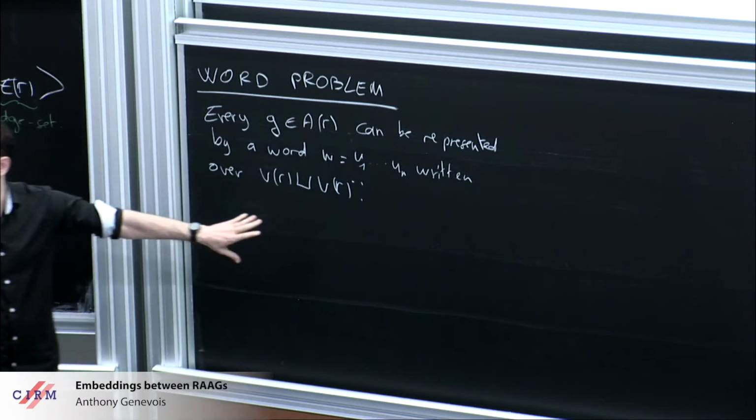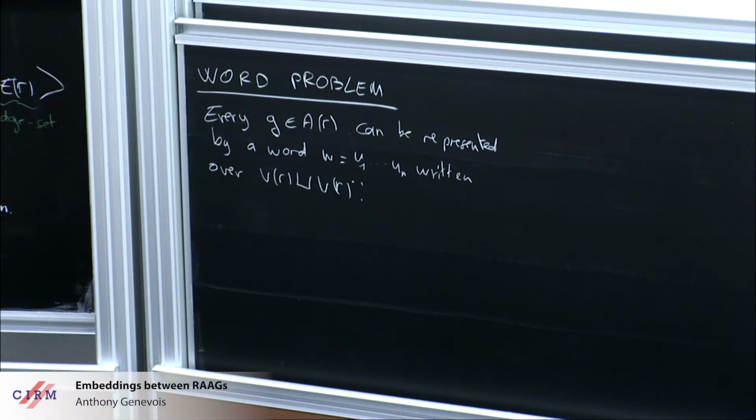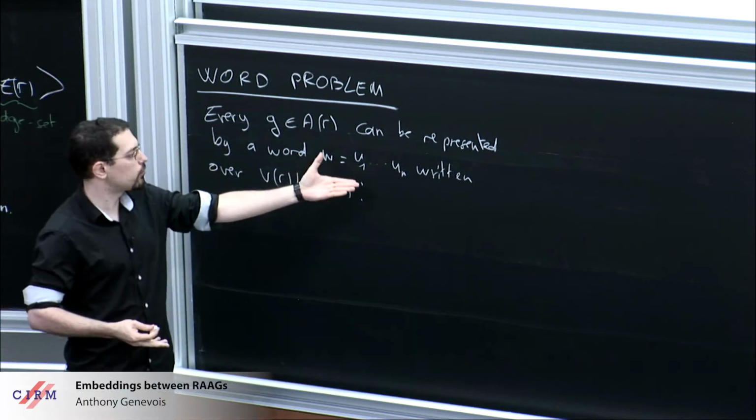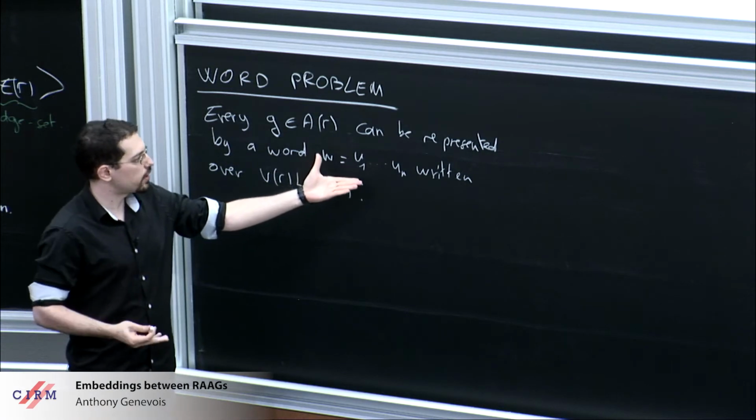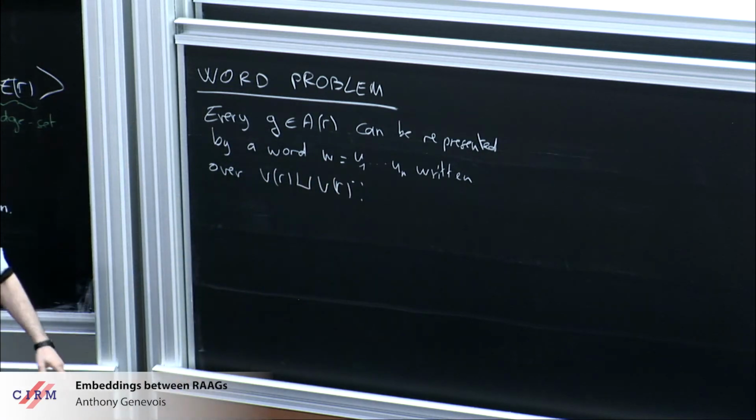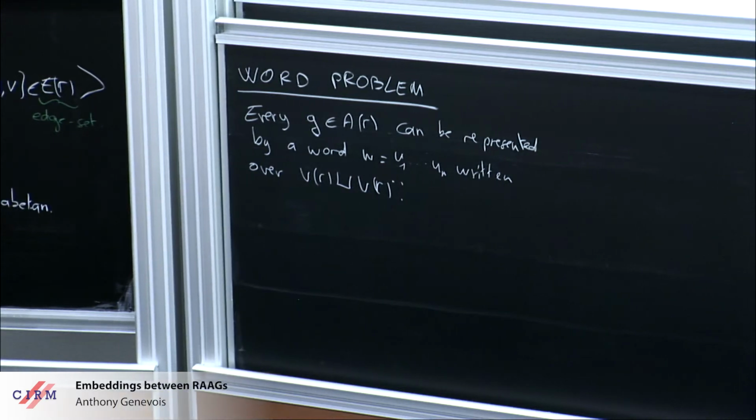So just a word of generators. Okay, and the question is, I have some specific word of generators. How can I decide whether or not it represents the trivial element? Okay, that's the basic question.